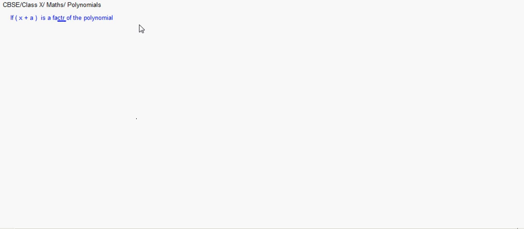The polynomial given is x square plus lx plus m. X plus a is a factor of this polynomial as well as this polynomial.